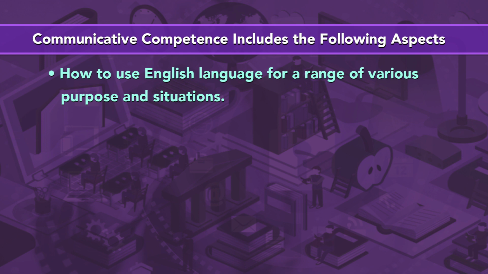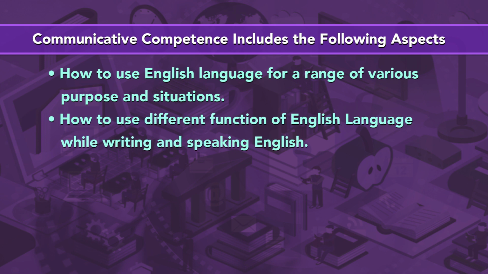That means what type of dialogue, conversations, manners, etiquettes we can use when we meet people for different purposes in different situations. How to use different functions of the English language while writing and speaking English. So both are very important, to write well and to speak English well. This approach helps us very well to understand how writing and speaking English is important.